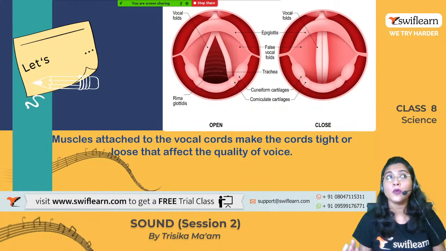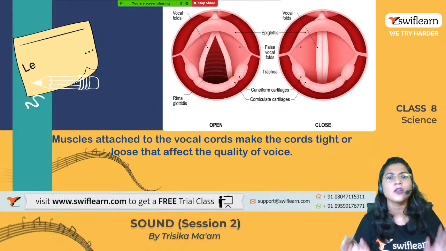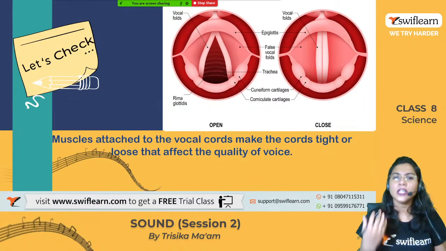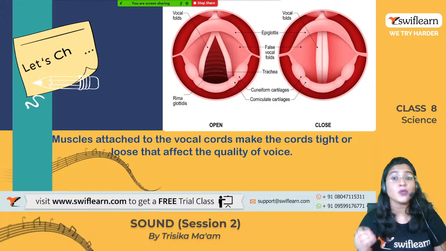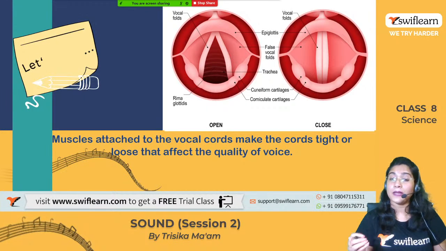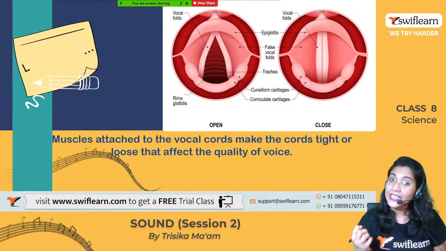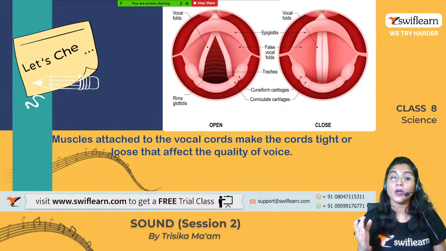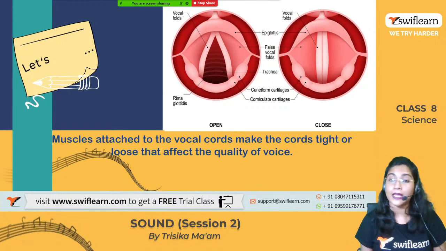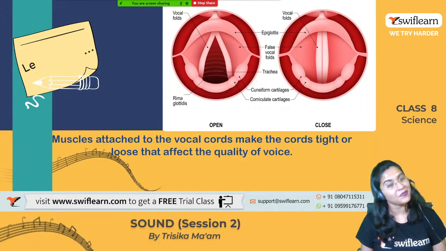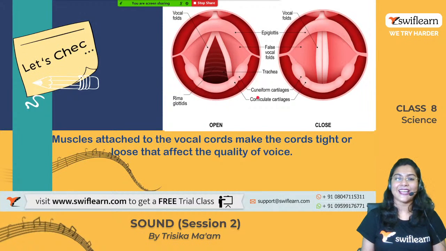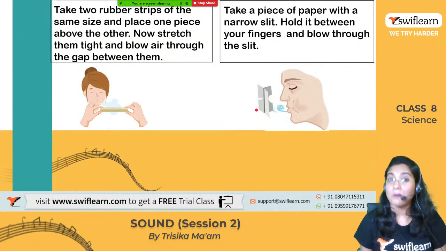We already know that all of our voices are not the same. We have different types of voices. So this quality of the voice depends on how tightly or how loosely the vocal cords are fixed there with the help of the different muscles. Fine? Exactly. Now let's move on to the demonstration.